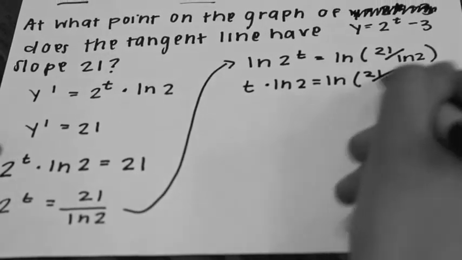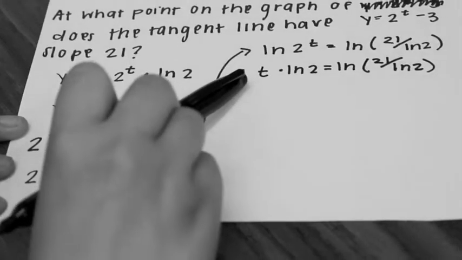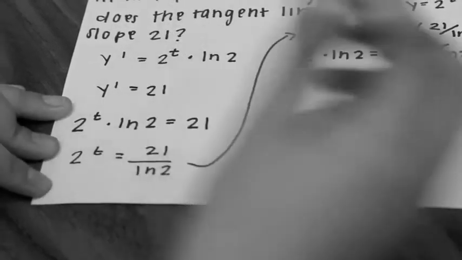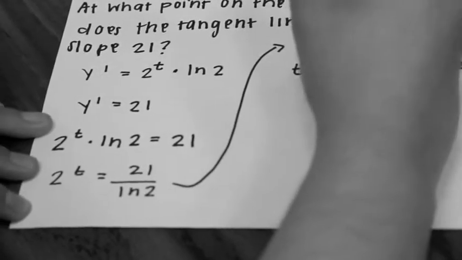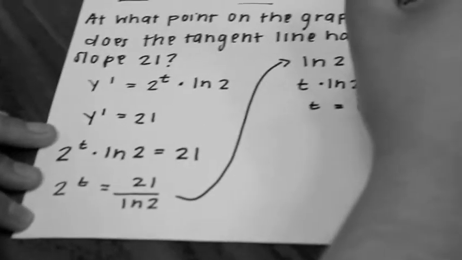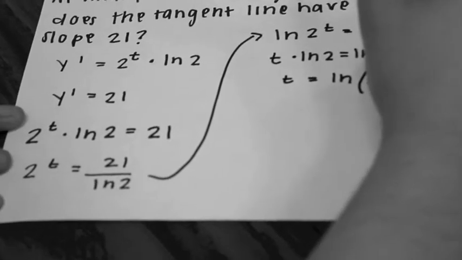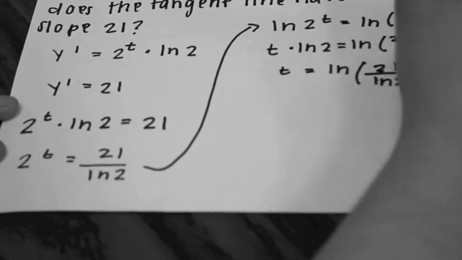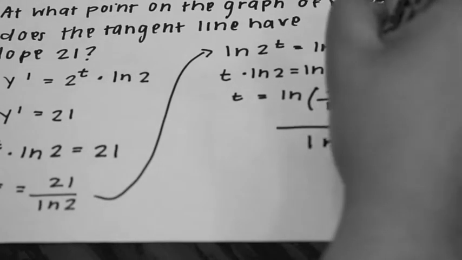So the right side stays the same, and once again we just moved our exponent down to the front, which is one of your properties. You divide the ln 2 out, and you'll get t is equal to ln of 21 over ln 2, divided by ln 2.